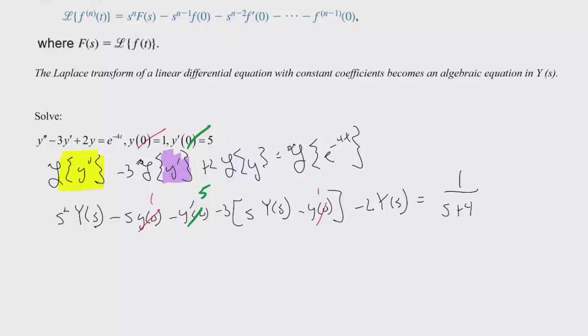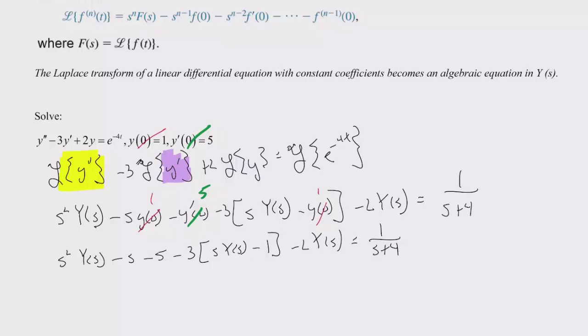So let's collect all that up. So I got an s squared y of s minus s minus 5 minus 3, and then we got our s y of s minus 1 minus 2y of s equals 1 plus s plus 1 over s plus 4.